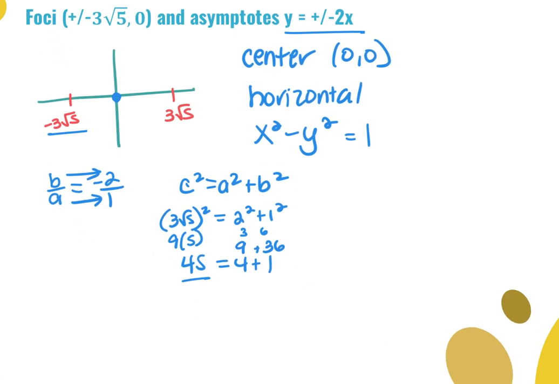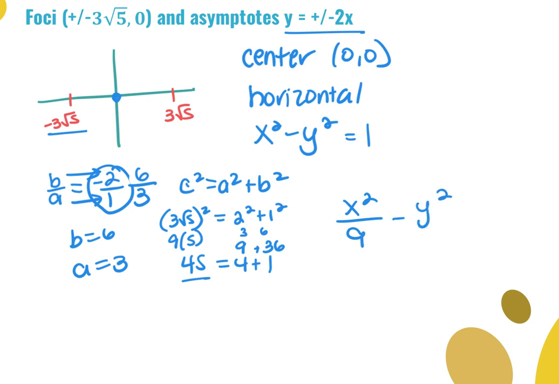So I know these are not my actual values for a and b. b should be 6 and a should be 3. That would still simplify to 2 to 1, but when I square them both, I get 36 plus 9, and that's 45. That's the only combination that works. So my b is 6, my a is 3, and the x squared goes over 3 squared, or 9. The y squared goes over 6 squared, or 36, equals 1.